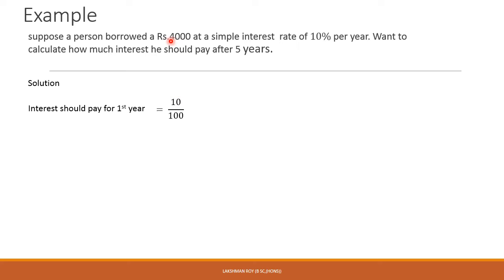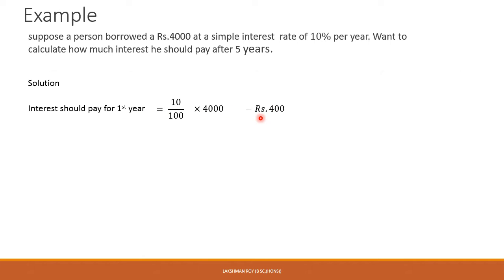Now here, the person borrowed 4,000 rupees. That means we should multiply by 40. To simplify, from the 100 you can cut the two zeros, then the answer remains 400 rupees. So that is the interest for the first year.